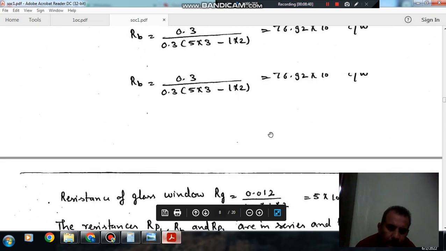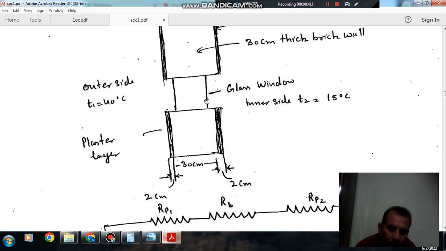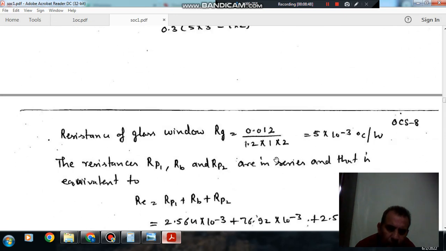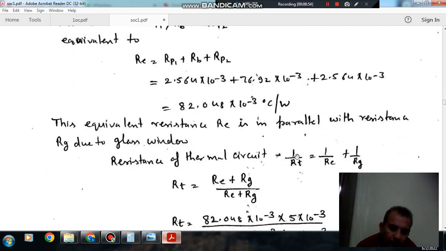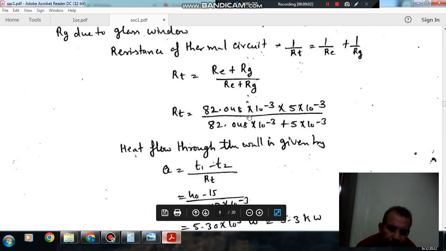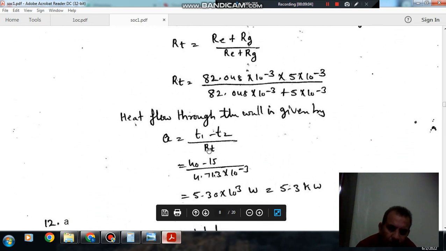The thickness of the window glass is 12 mm, or 0.012 meter, the area is 2 into 1, and the conductivity is 1.2, so that will be 5 into 10 to the minus 3. Now the equivalent resistance can be calculated using the formula 1 by RT equals 1 by RE plus 1 by RB. So that value comes out as 4.713.